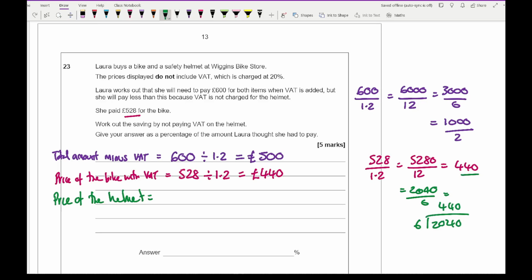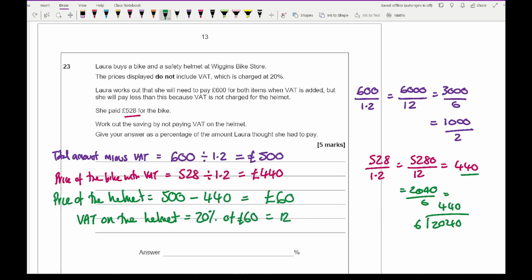So then from this, going back to the price of the helmet, that's going to be 500 minus 440, which is £60. Then from this, the VAT on the helmet is going to be 20% of £60, which is £12.